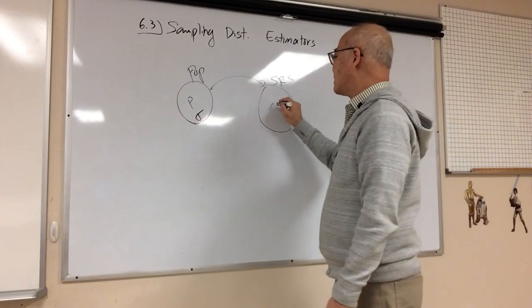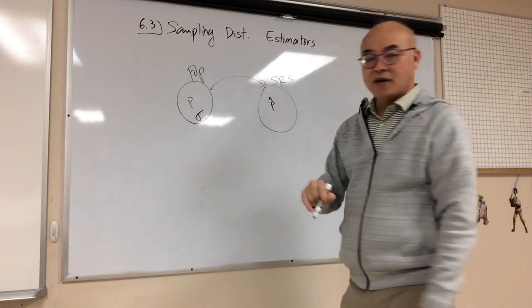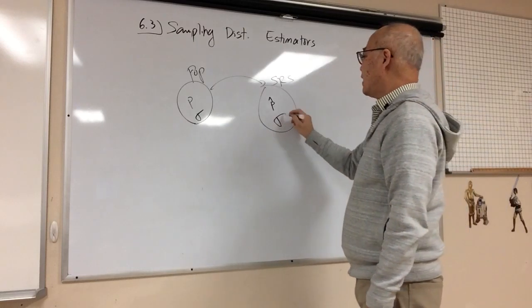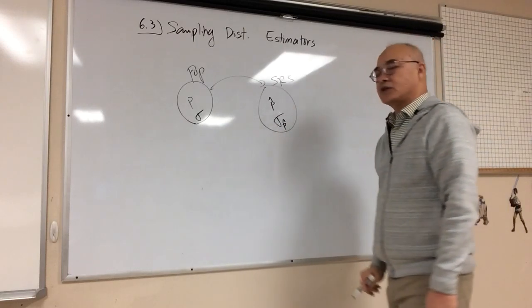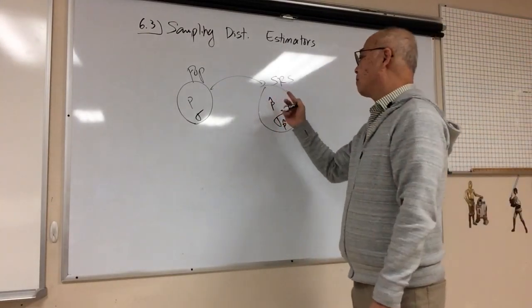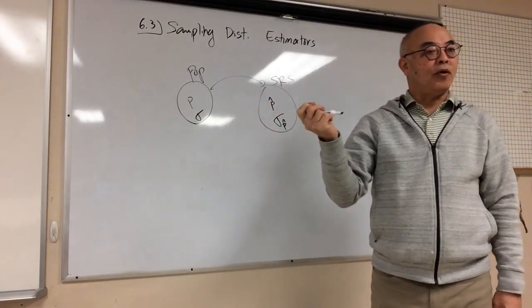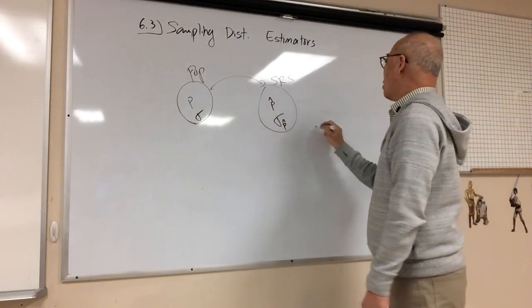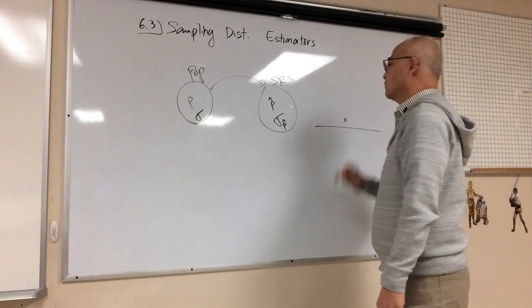So then I get a statistic, which is called the P hat, and then I can find also a sampling distribution, the standard deviation of the samples, all right? So every time I do a sample, I'm going to go ahead and record a P hat, all right?